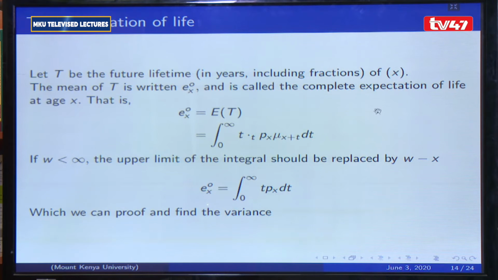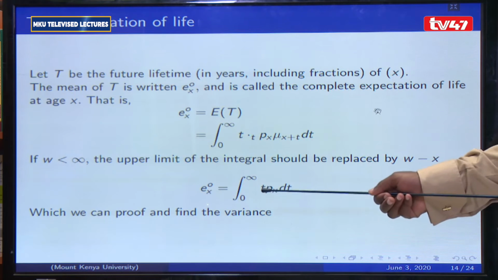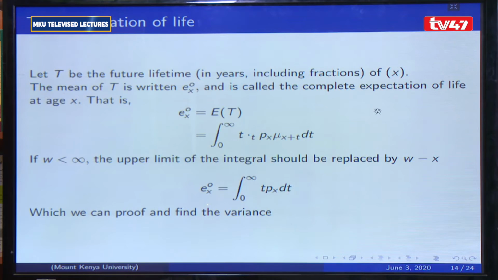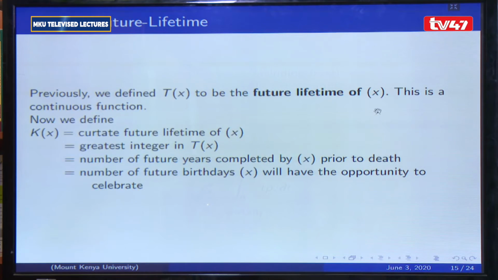There is that upper limit in human lives. What we end up with is that the complete expectation of life is given by the integral from 0 to infinity of tpx. Note that this should be a subscript t, p, and then a subscript x. We can prove that, however, we would like you to check that out and find the mean and the variance and prove that the values given are correct.